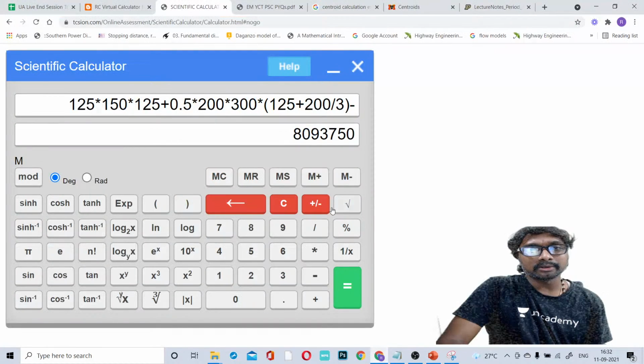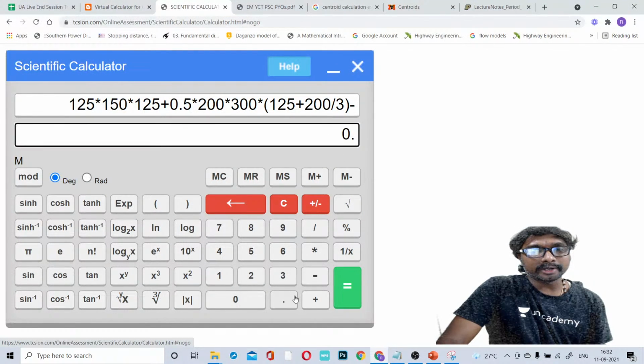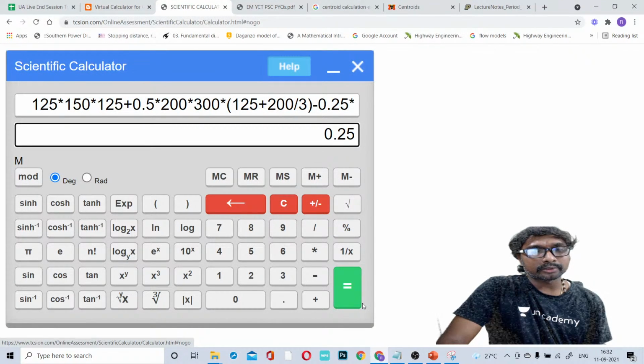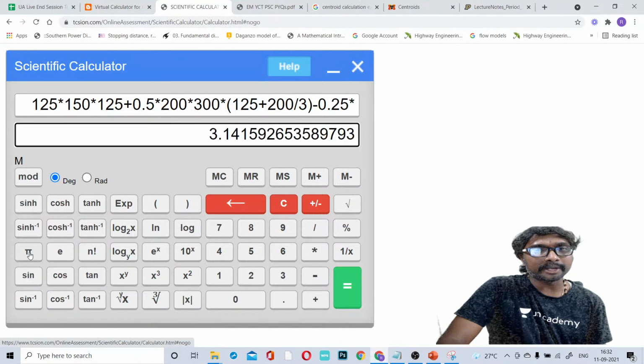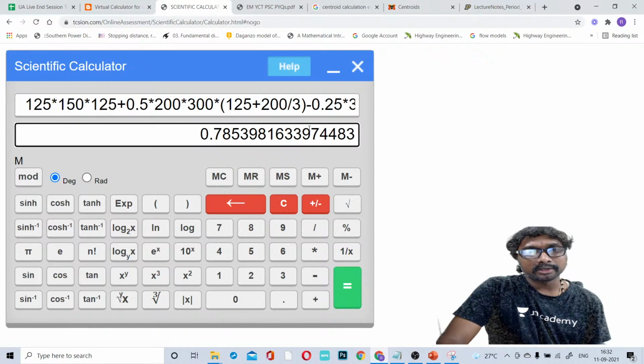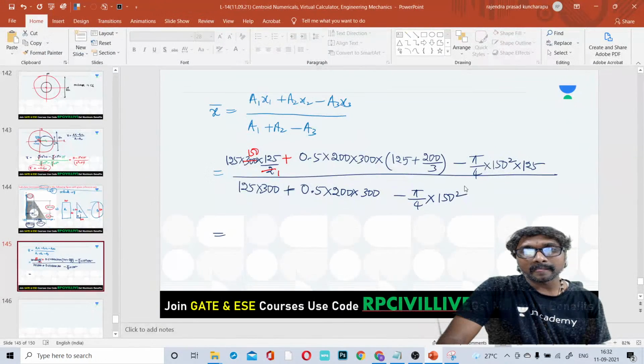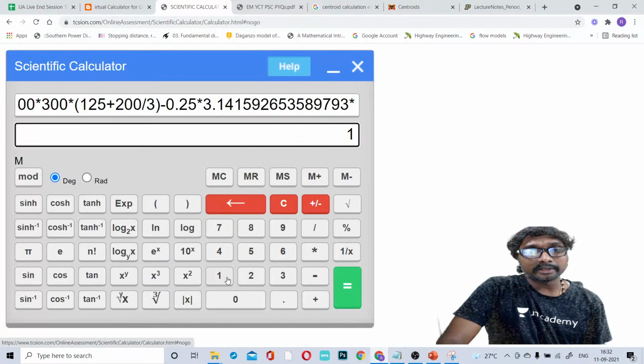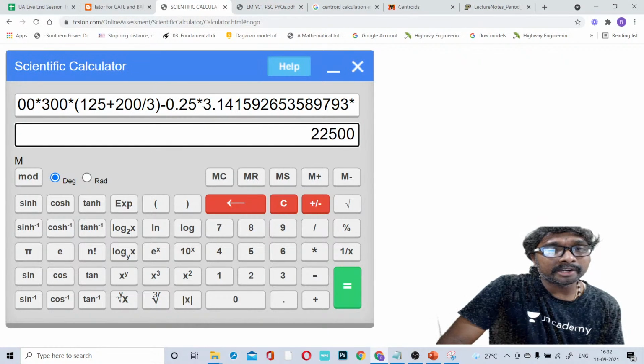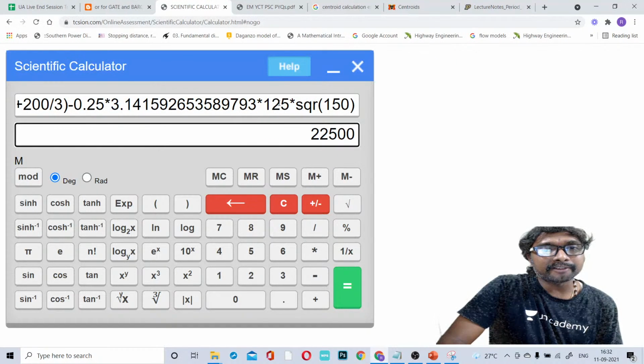So 0.25 into pi into 125 into square of 150.